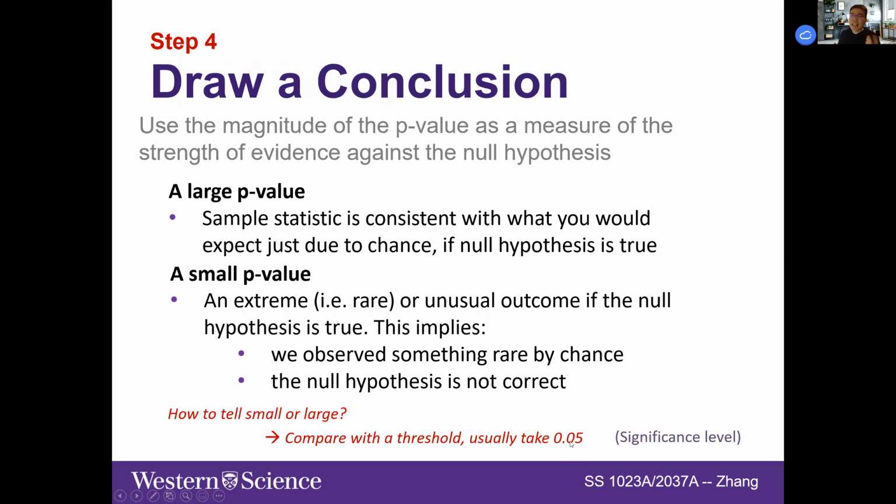We hardly ever get a p-value exactly equal to 0.05, and in that case, we need to be very careful. But usually, we don't take the exact 0.05 into the small p-value area. So we usually consider whether it is smaller than 0.05 or not.